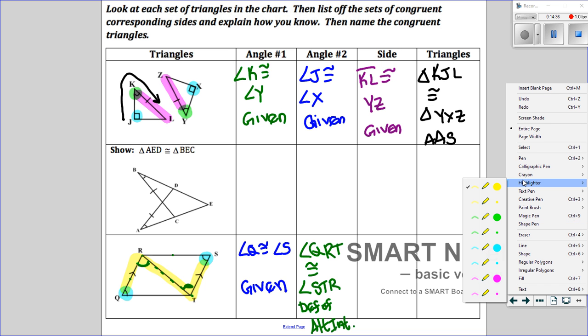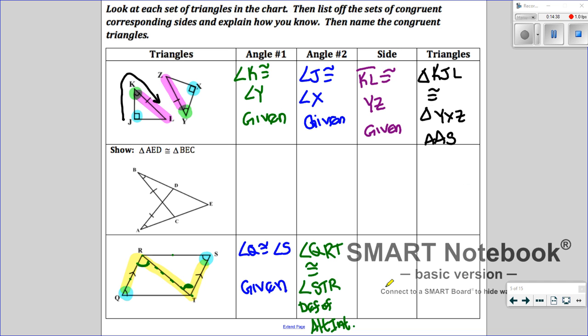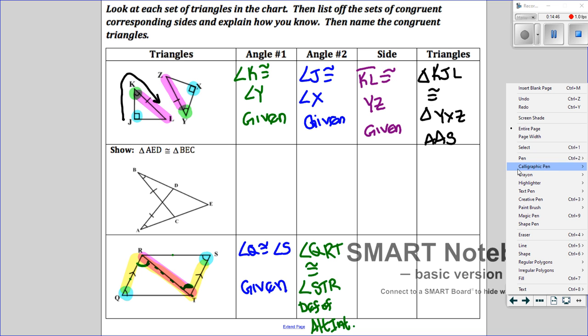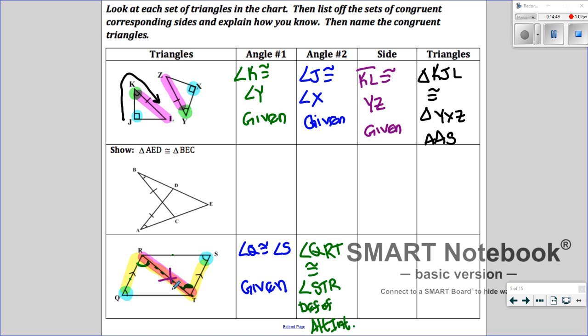Okay, and the last one will be my side that I need to look for. These are two triangles put next to each other, so they're sharing the same common side. So that will be congruent to each other. And I'm going to write that RT is congruent to RT because of the reflexive property.